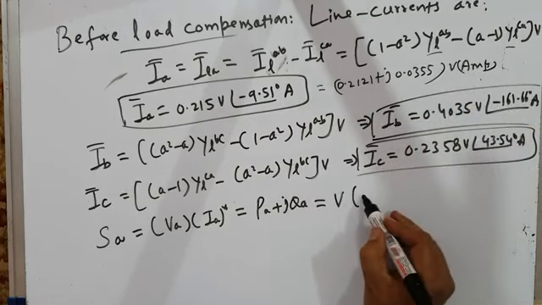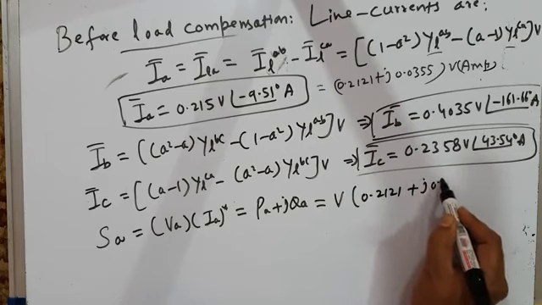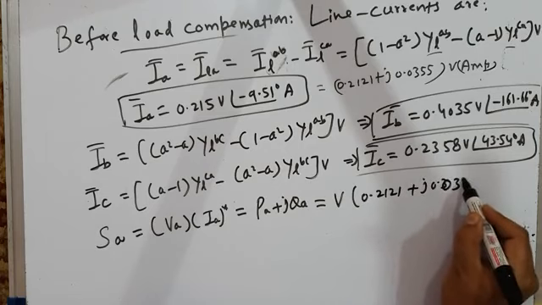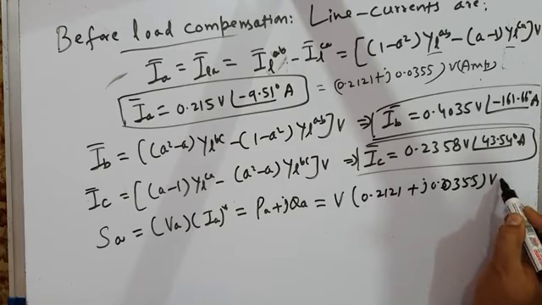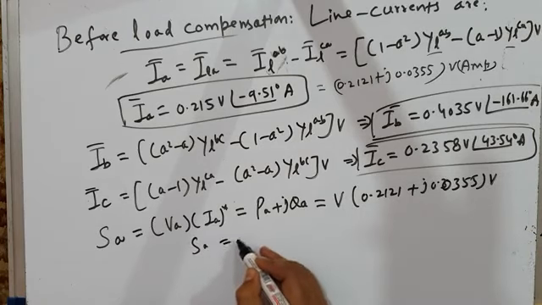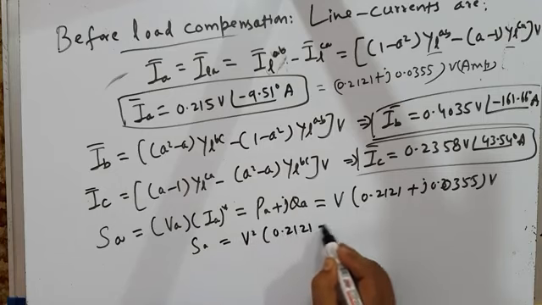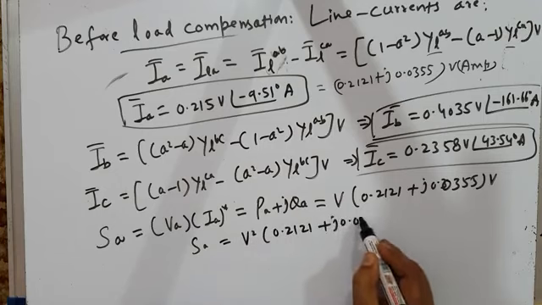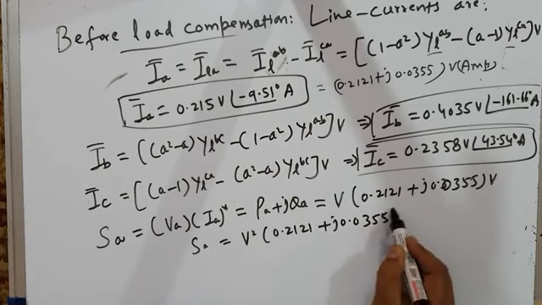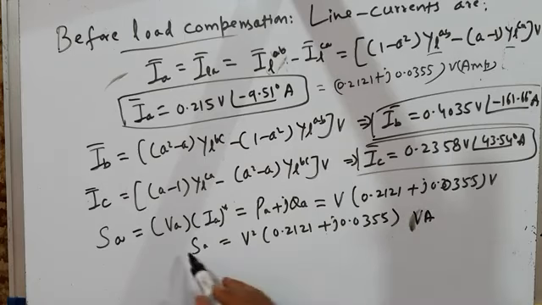So substitute it here: 0.2121 plus j0.0355 into V. V into V is V square. So SA will be equal to V square times 0.2121 plus j0.0355 VA. Apparent power has a unit of VA, volt ampere.